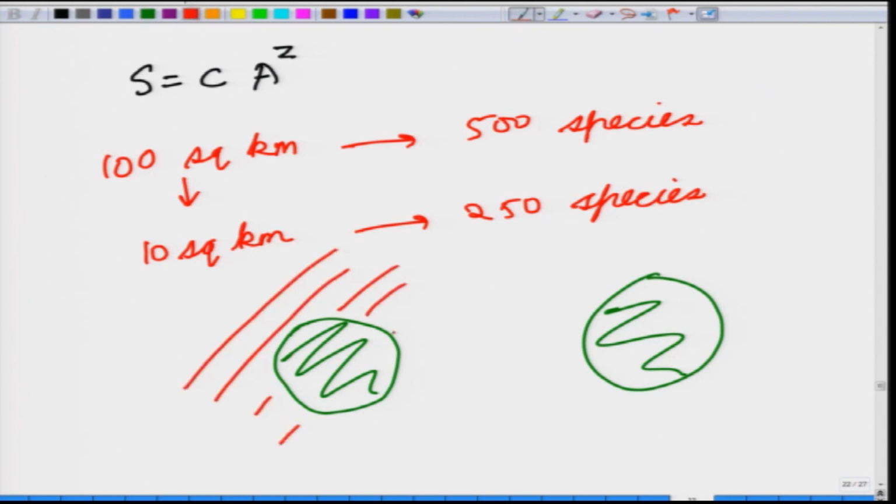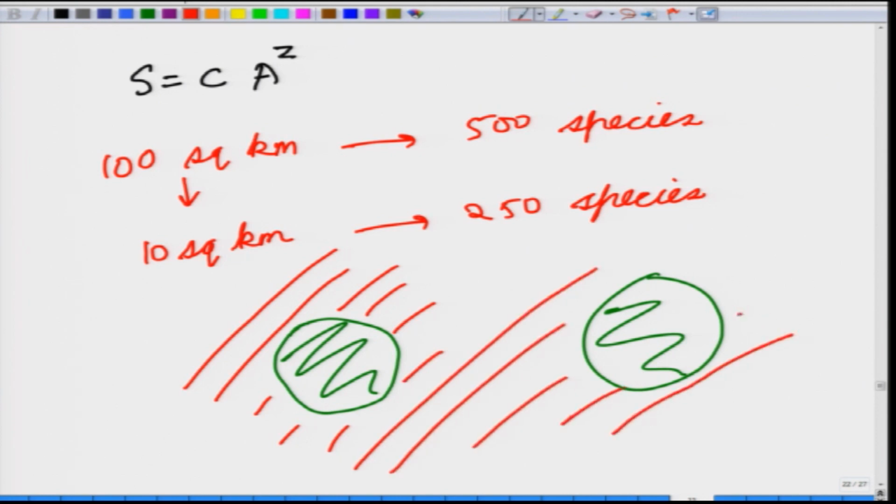So, you have cities, you have villages, you have the agricultural fields, you have the industries, and all this area is now unapproachable by the animals or the species that are living in the forest. So, these days, in place of having islands that are surrounded by water, now we have islands of forest that are surrounded by a human dominated landscape, which is out of bounds for the species that live in the forest. So, it is very much like the island situation.